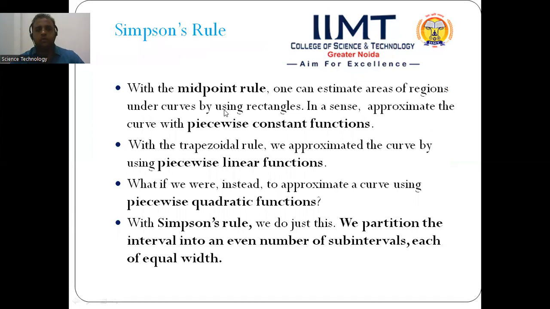So with the midpoint rule, one can estimate areas of a region under the curve by using rectangles, approximating with a piecewise constant function. With the trapezoidal rule, we approximate the curve by using a piecewise linear function.